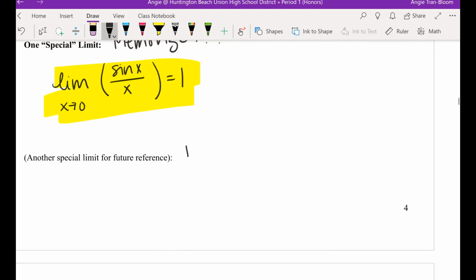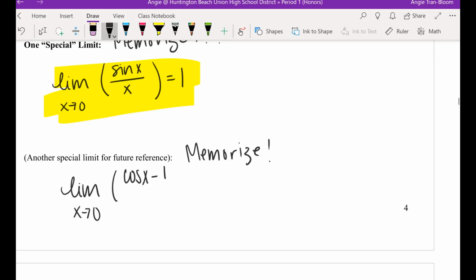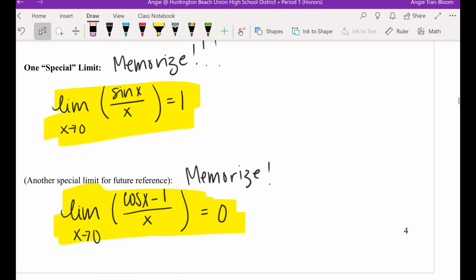Now another one that you need to memorize is another limit for the future. Ready? The limit as x approaches 0 of cosine of x minus 1 all over x equals 0. This is another one that you would need to memorize for the future. We will prove these in the future. Right now, I want you to memorize these two.